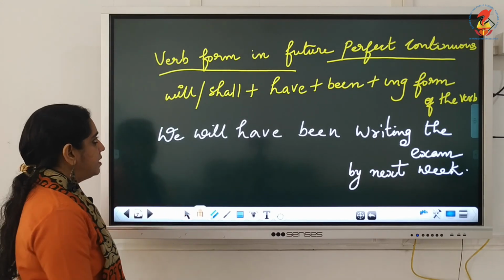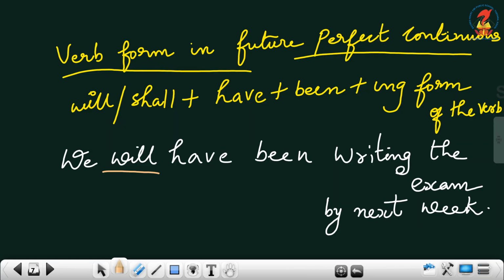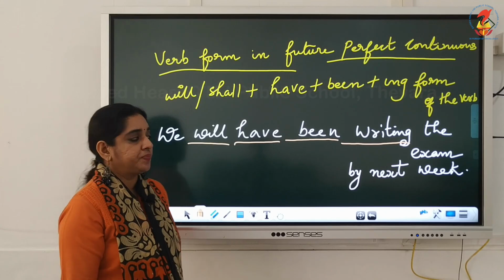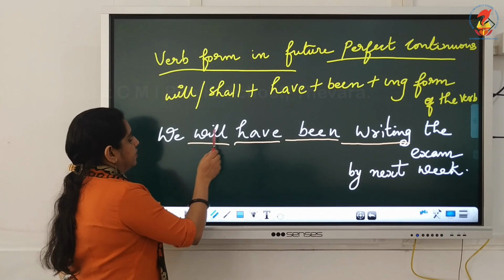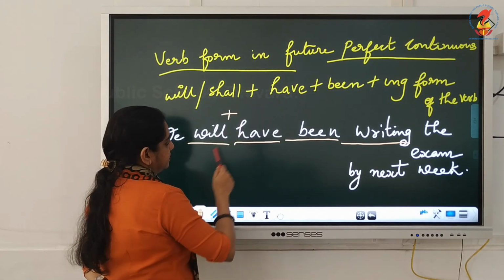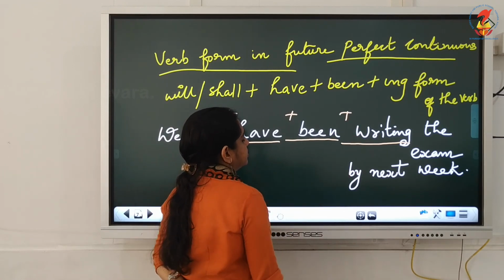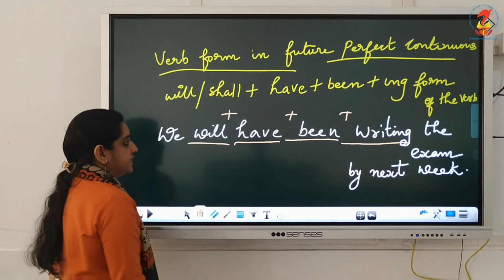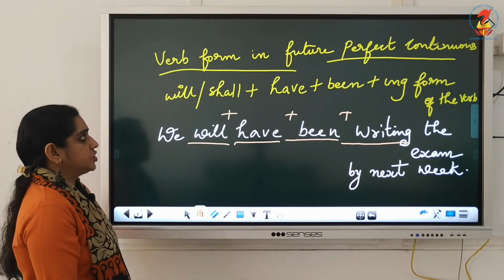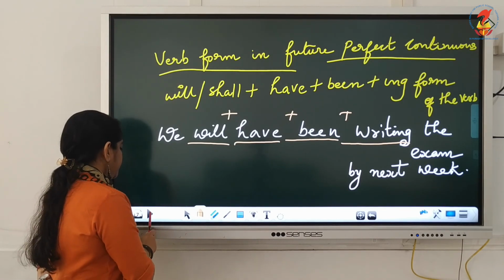See the example, we will have been writing the exam by next week. Will or shall plus have plus been plus ing form of the verb, write, writing. Okay, this is the structure of future perfect continuous.